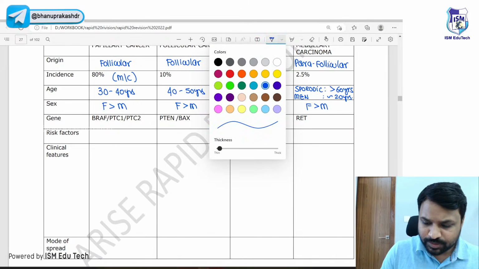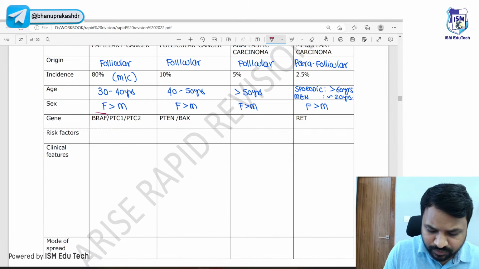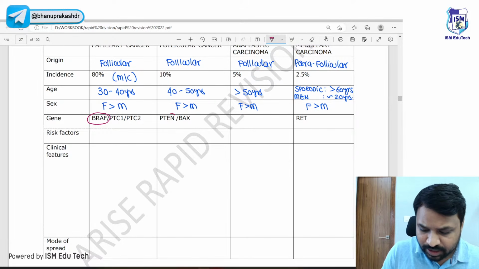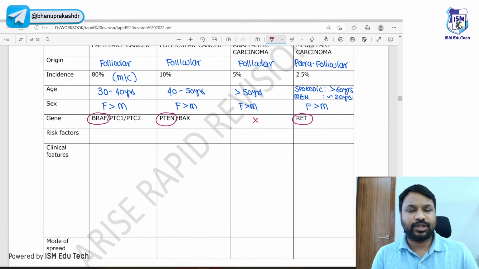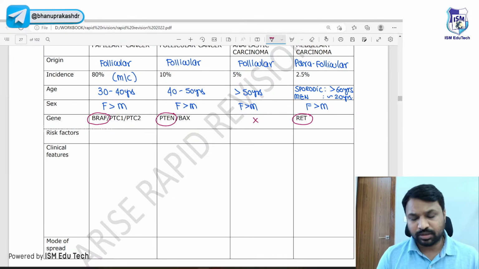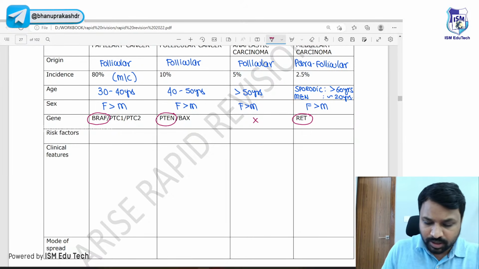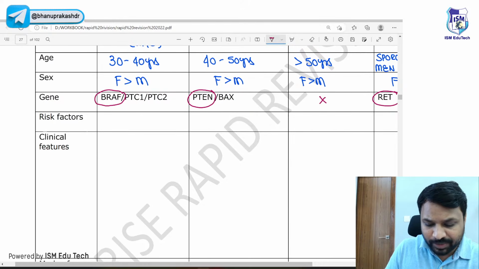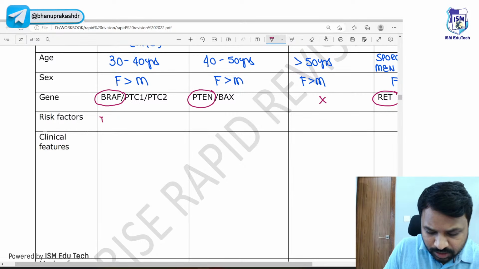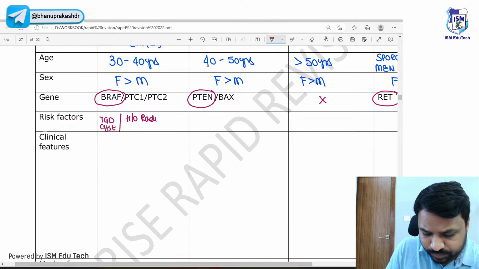Now, the genes which are responsible, remember the most important for papillary is BRAF. Here it is going to be PTEN mutation. There is no specific mutation. Whereas RET mutation is seen with respect to the medullary cancer thyroid, right? The most important risk factor for the papillary cancer thyroid is history of radiation exposure.